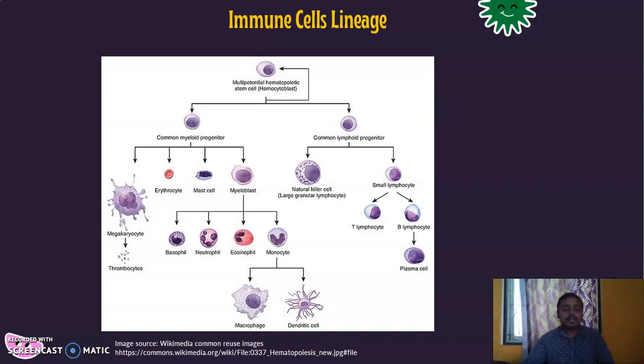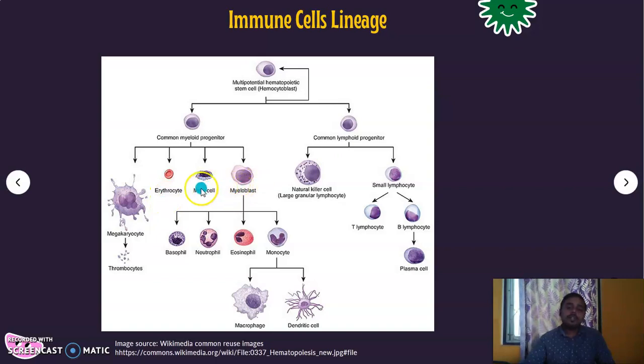The second type of cell is the erythrocyte, which we call the RBC or red blood cell, the major component of our blood, which carries oxygen to all parts of the body. So thrombocytes, or platelets, and RBCs are the two major components of our red blood cells and help in blood circulation.